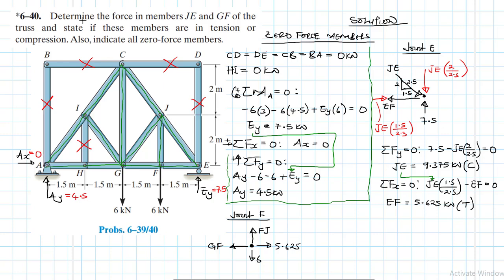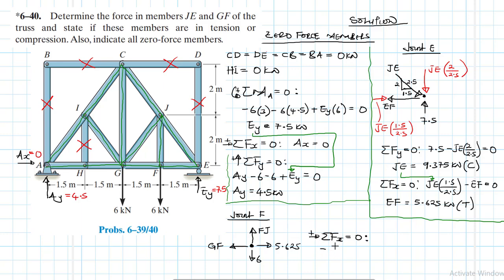Okay, so now let's find this one quickly. Let me just do something like this. Yeah, great. So now we need to just apply one equation of equilibrium, which is in the horizontal. So summation of forces in the x direction equal to 0. Okay, what do we have?